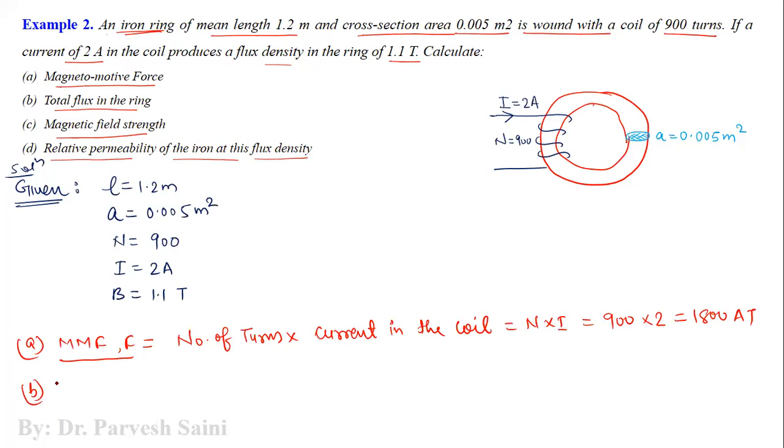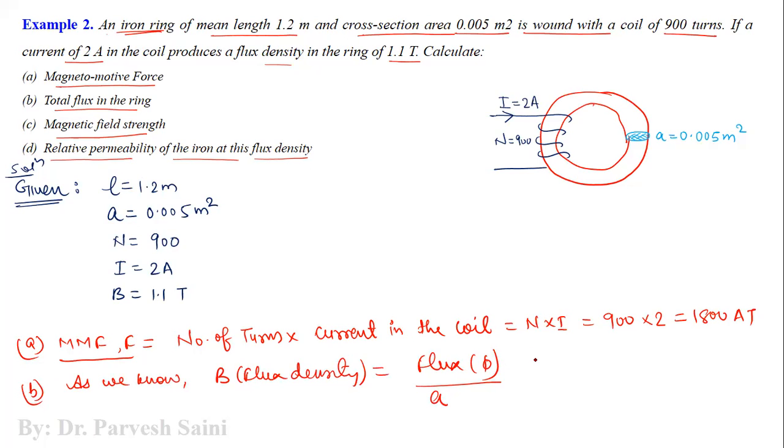Then the second thing we have to calculate is the total flux in the ring. So as we know, the flux density is equal to the flux phi and the area, right?